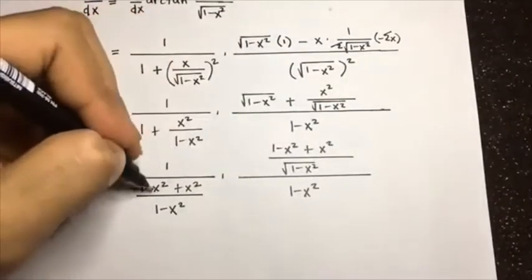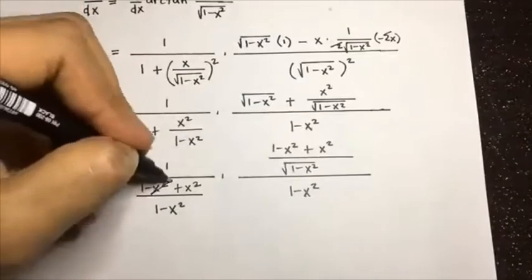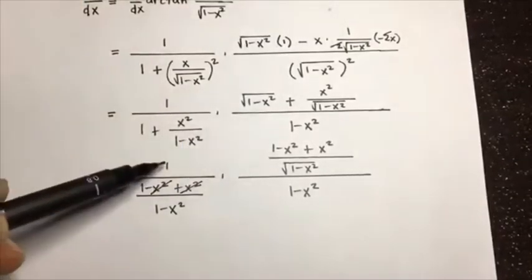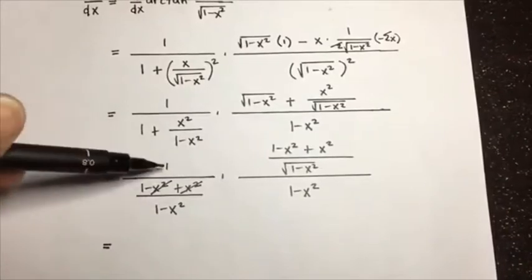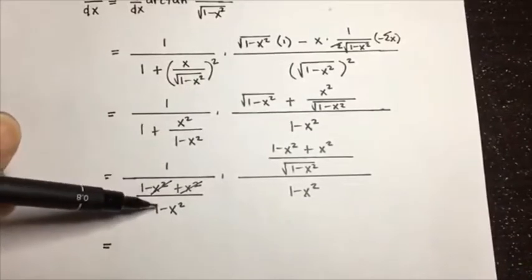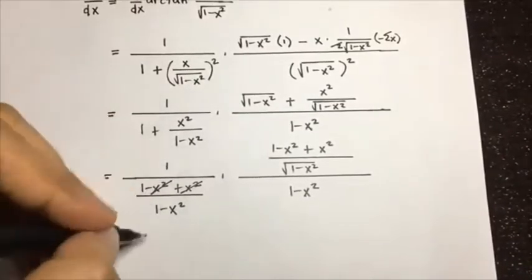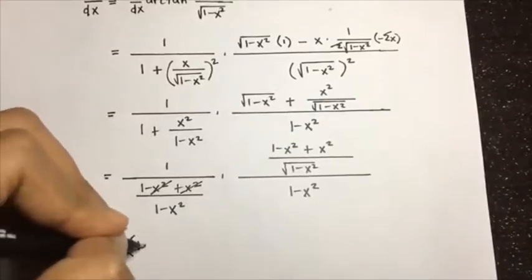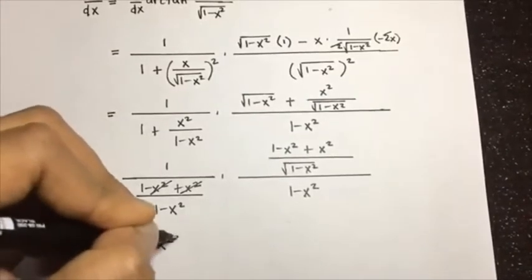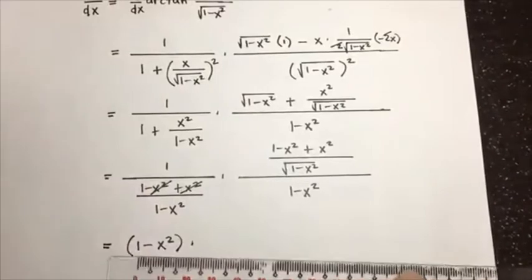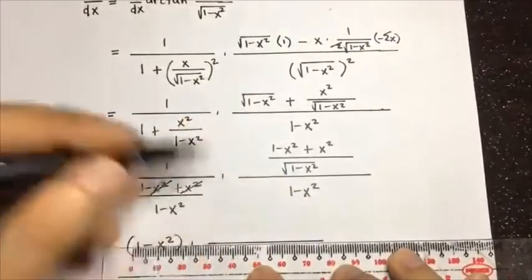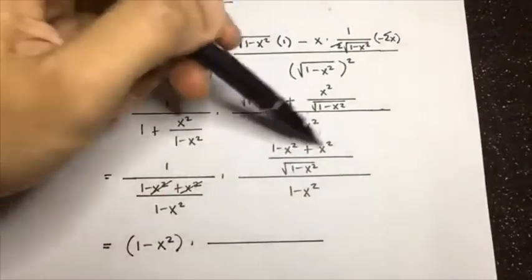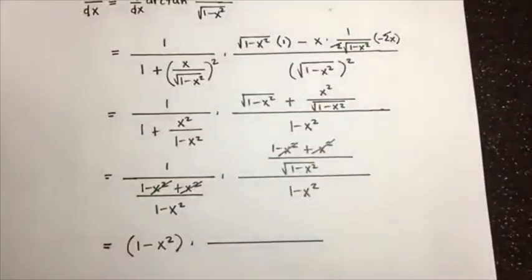Okay, so as you can see, we can cancel out here the x squared, and then dividing this, so 1 divided by 1 over 1 minus x squared, so that will be 1 minus x squared multiplied by, here we can cancel out the x squared, right?